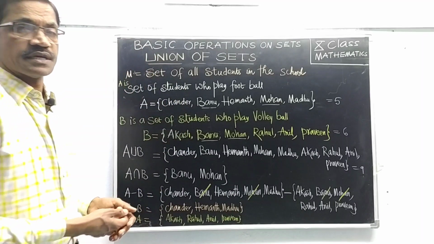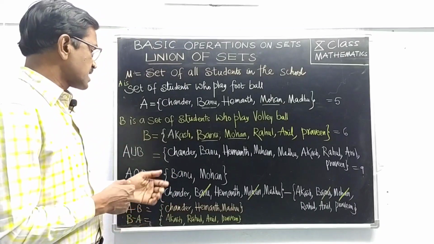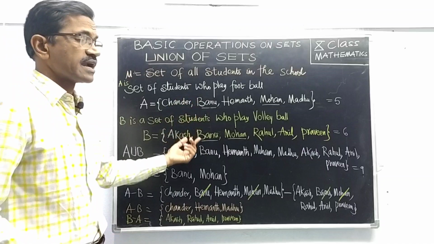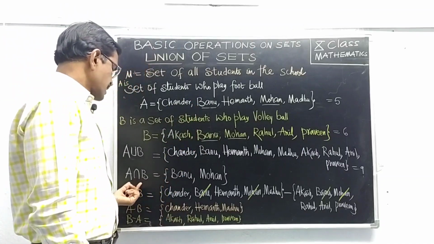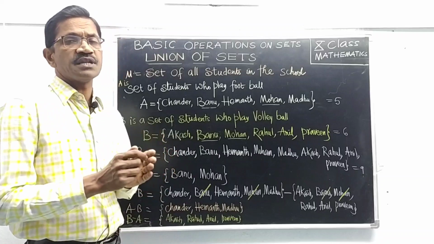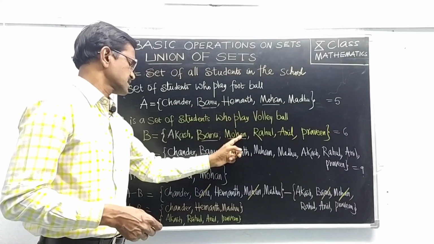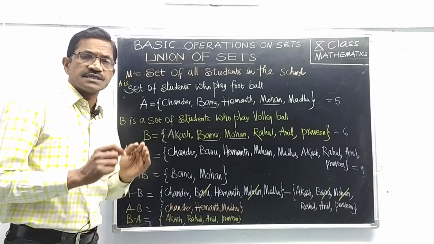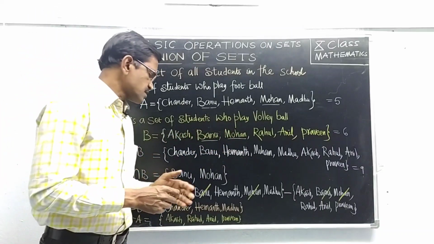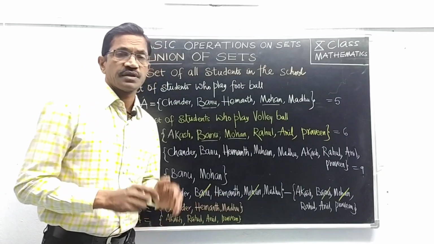So once again, let us revise. A union B is a set which contains all the elements of A and B. A intersection B is a set which contains only common elements of A and B. A minus B is a set which contains only the elements in A only.